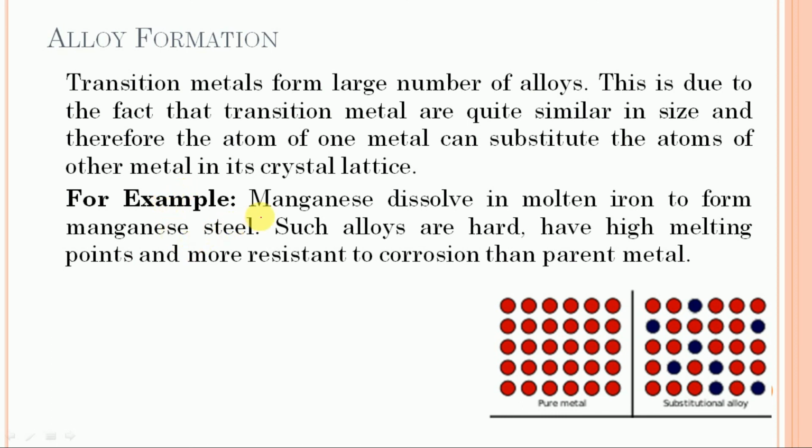For example, manganese dissolves in molten iron to form manganese steel. Such alloys are hard, have high melting points, and are more resistant to corrosion than the parent metal. So this one is the pure transition metal, and in this case a few of the atoms are replaced by another transition metal having similar size.